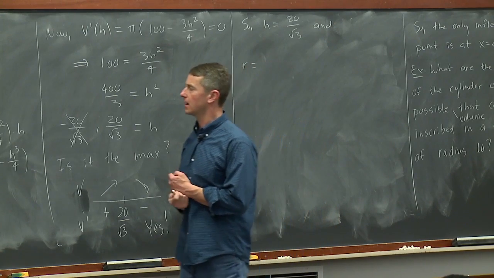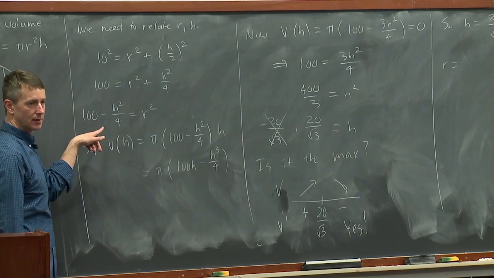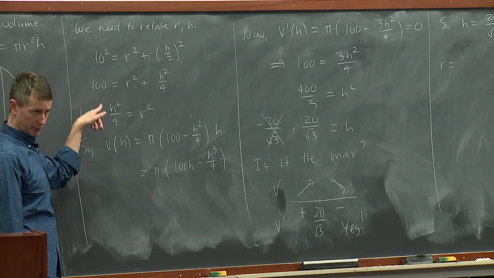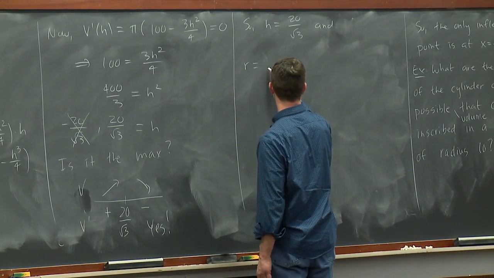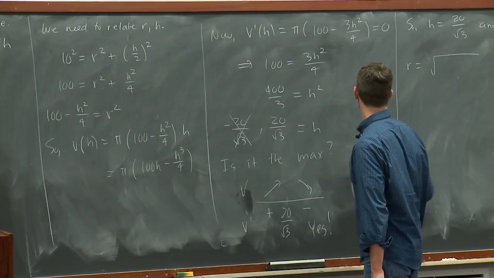And do we have a good way to find r? Not so great. We have r squared here, right? But if we solve for r, it will be the square root of this. So r is the square root of 100 minus h squared over 4.